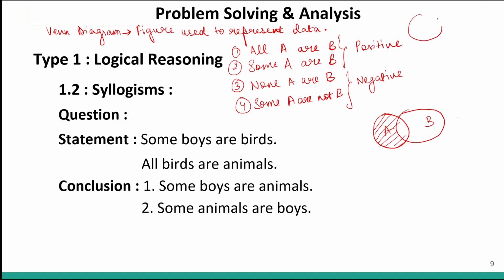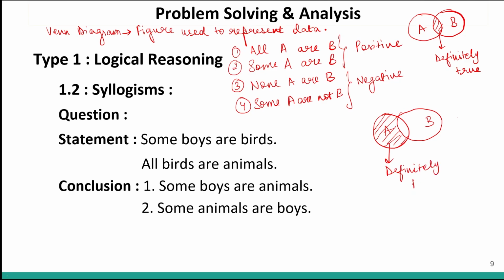When I told you that some A are B, we highlighted this part because this was definitely true. That means there will be a certain part that is both A and B. But when I talk about some A are not B, that means there will be a certain part in A that will not overlap with B, this part. So this portion is definitely true. So this is the negative relationship between A and B.